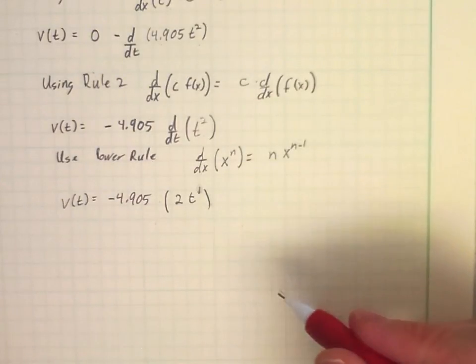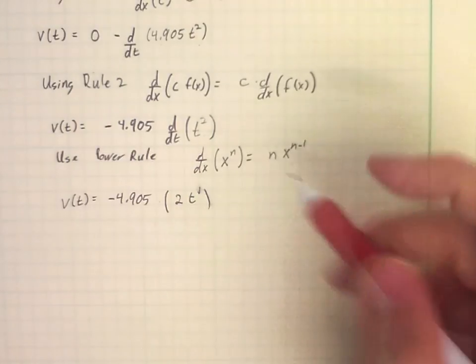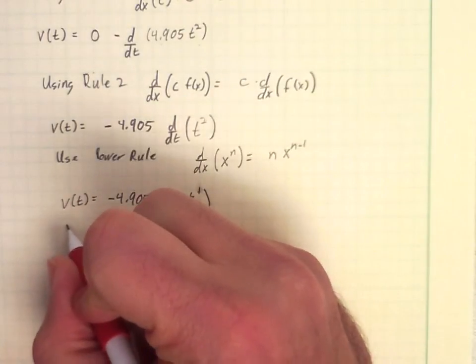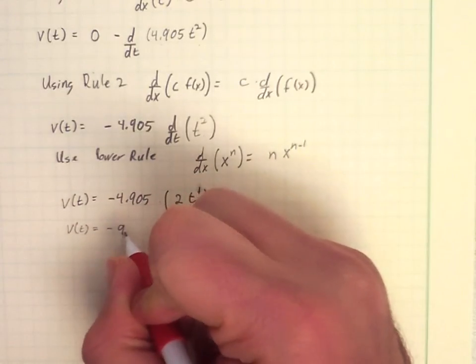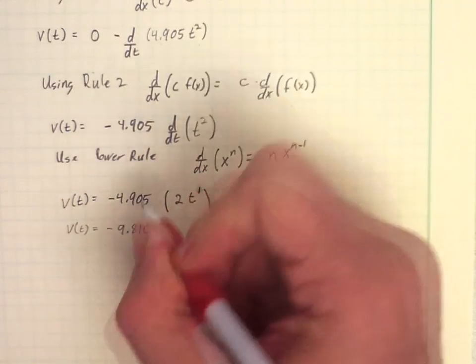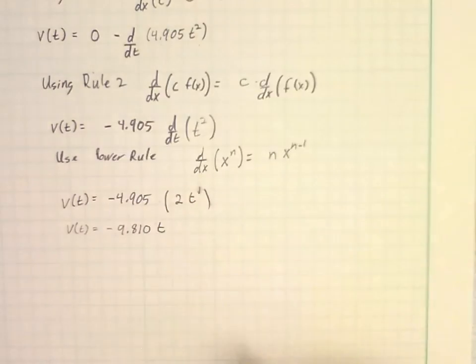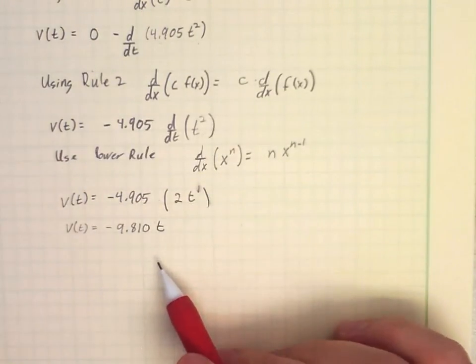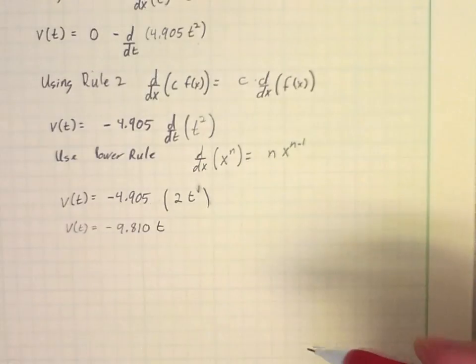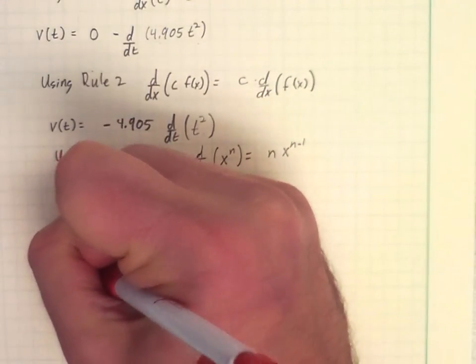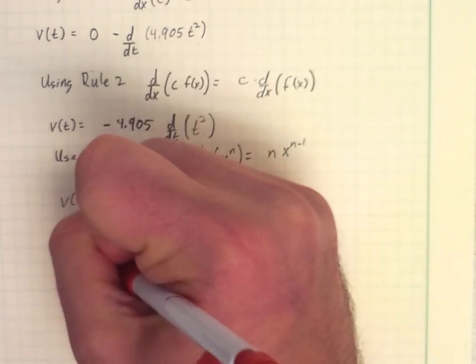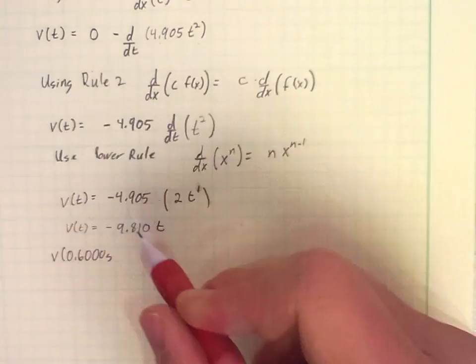So I get that my derivative for the function is, by using one more step to simplify, equal to negative 9.810 times t. That's my velocity at any given time. And if I remember back, the question I was trying to solve for part E was the velocity at 0.6000 seconds.